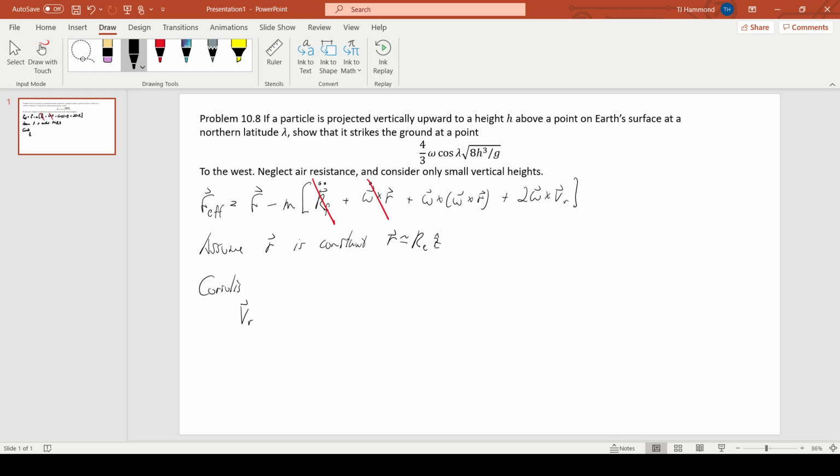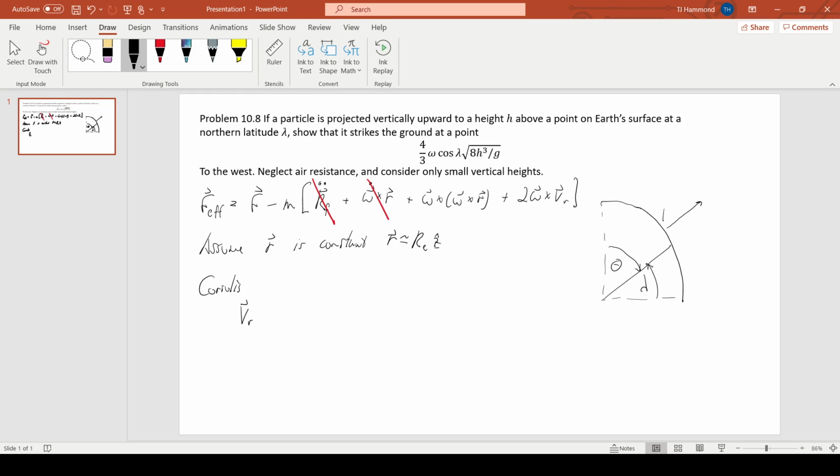So what is this velocity? We're standing on the surface of the Earth at some latitude lambda, or from the pole theta, and we're firing something straight up, straight away from the center of the Earth.